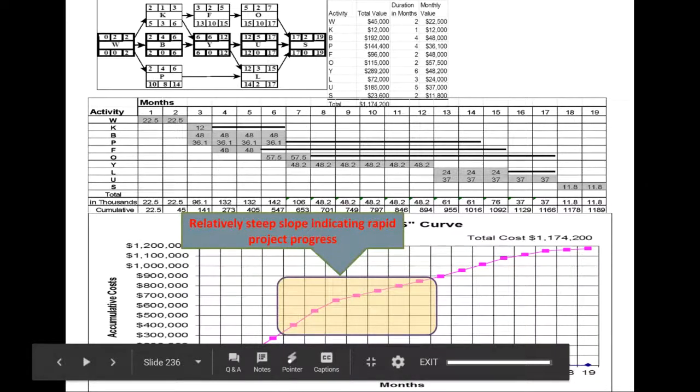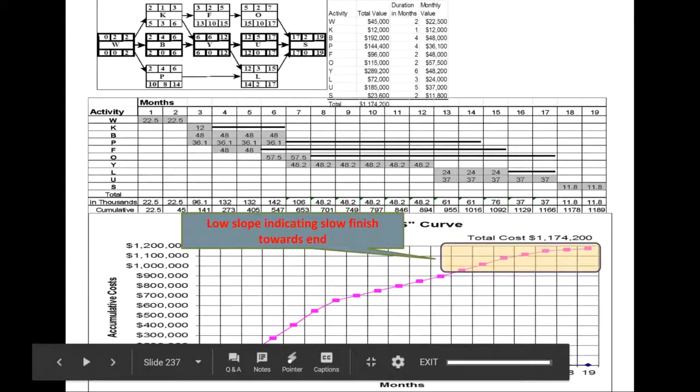But in the middle of the project, there's a relatively steep slope, which indicates some rapid progress being made. And as we come towards the end, there's a slow slope indicating a slow finish.